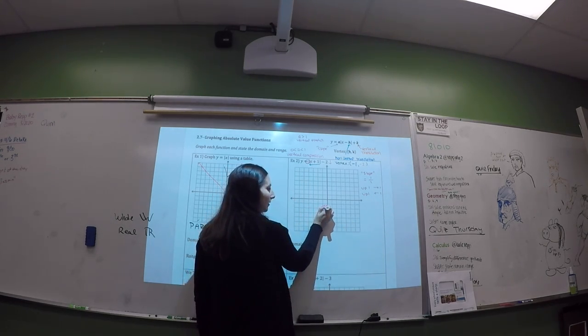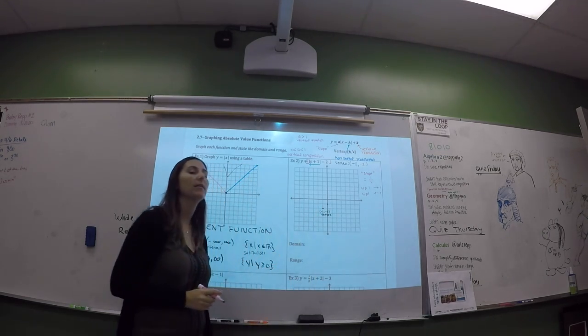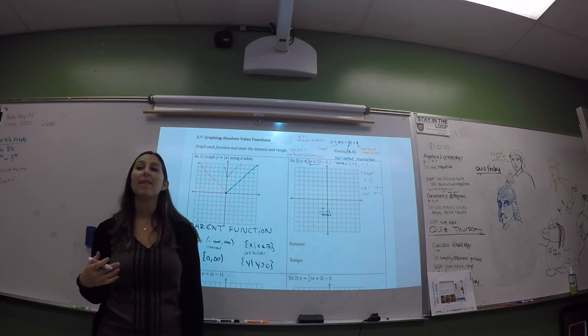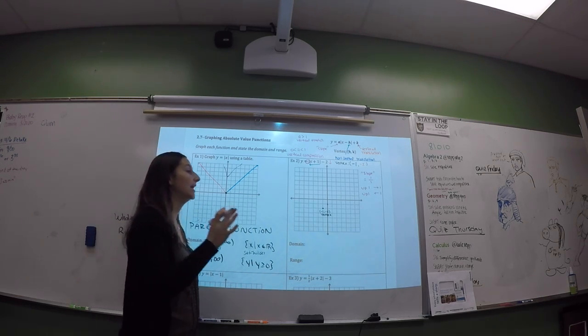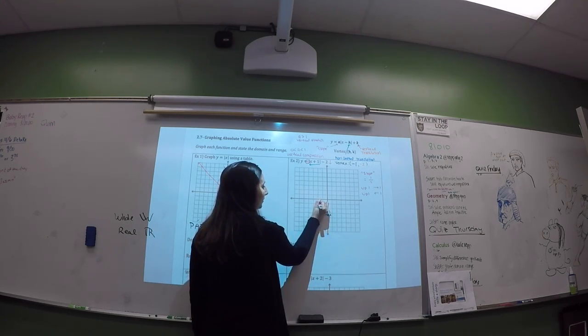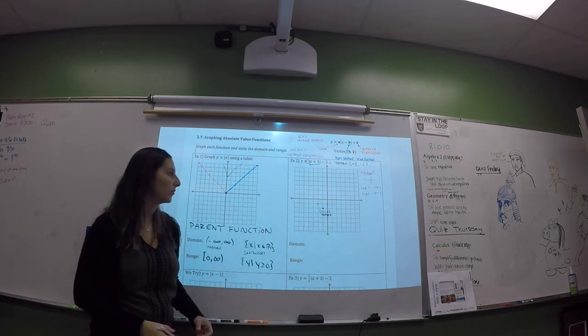That's because it's absolute value. So from my vertex, I'm going to go up 1 and right 1, and I'm going to put a point there, just like I would for any line. Then I'm going to reflect it on the other side. I'm going to go back to my vertex, up 1 and left 1.